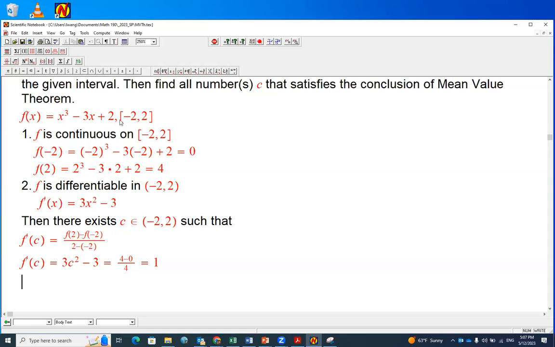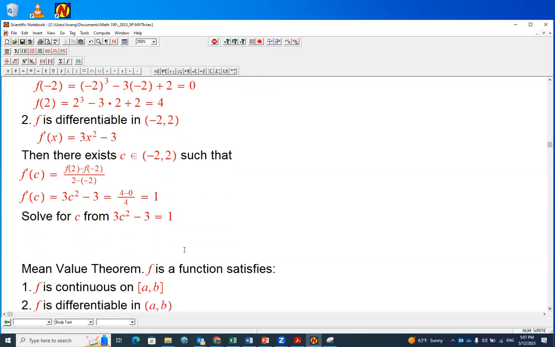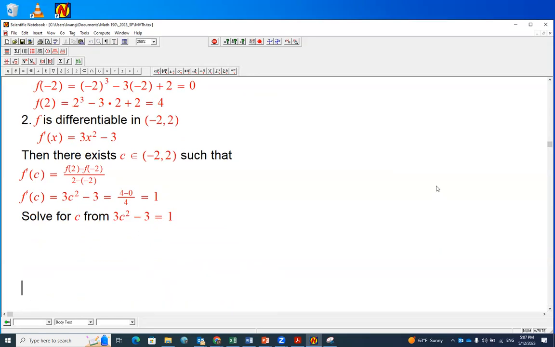So we're solving for c from this equation. Okay, we can remove that. This is nice and cleaner. So we're solving for c. And what do we get?